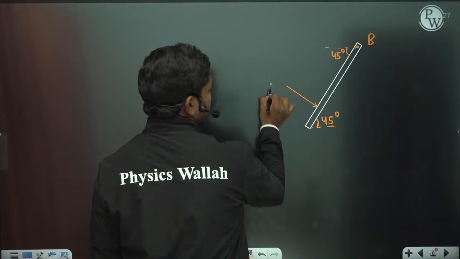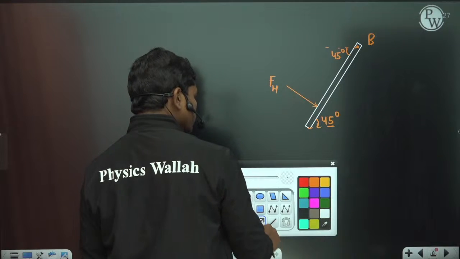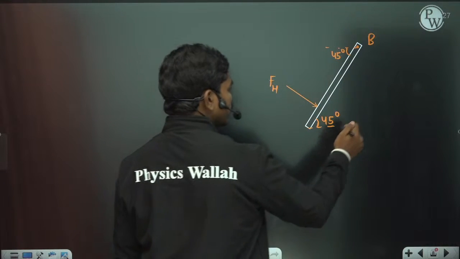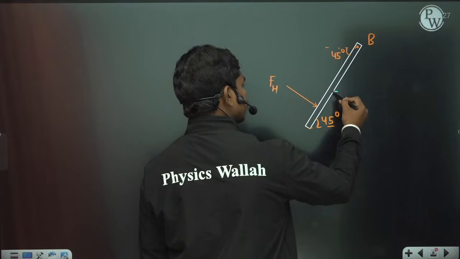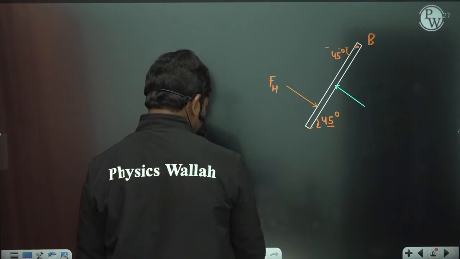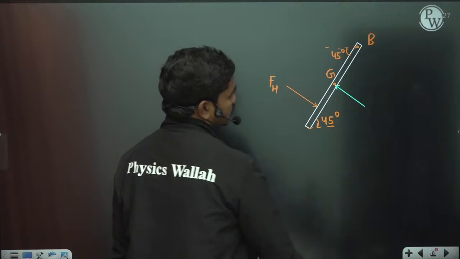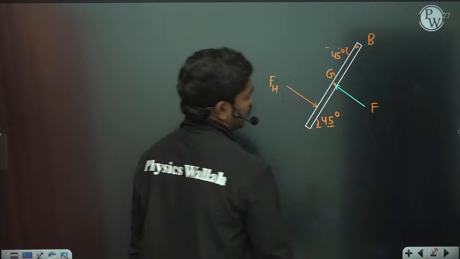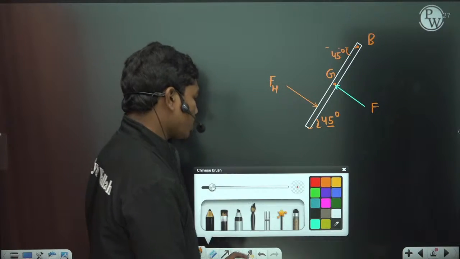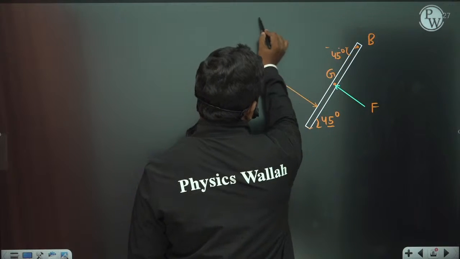This is the hydrostatic force FH, normal to the plate, and there is one more force acting in order to open the gate, in this direction at the centroid. This is also normal, and it acts at the center, which is G. This is G and this is F. One very important thing: the free surface is not at this level, but at some higher level.